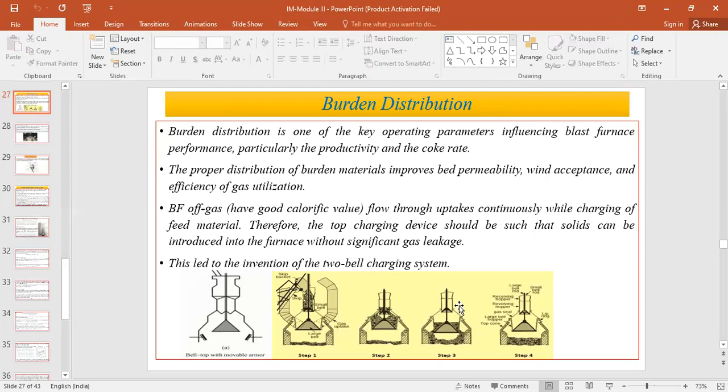With this idea, they came up with a closed top system where you can see uptakes arranged, and these uptakes are connected to a downcomer, and of course the downcomer is again connected to the gas cleaning system.